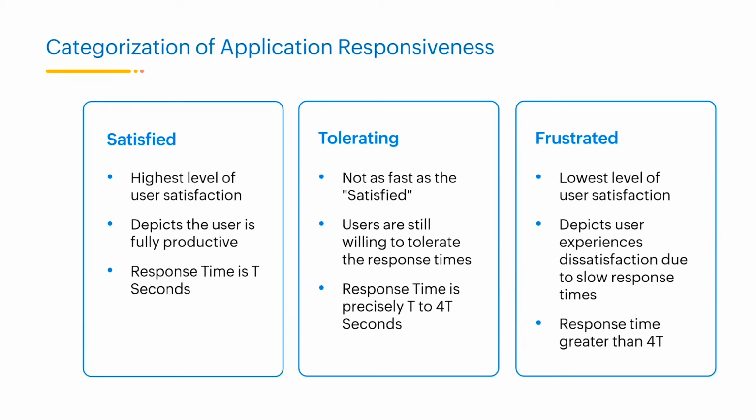Users in this category are generally satisfied with the application's performance. Next is tolerating. The tolerating category indicates that the application's response time is between the tolerating threshold and the satisfied threshold. Users in this category might tolerate the performance but may not be entirely satisfied as under the satisfied category.